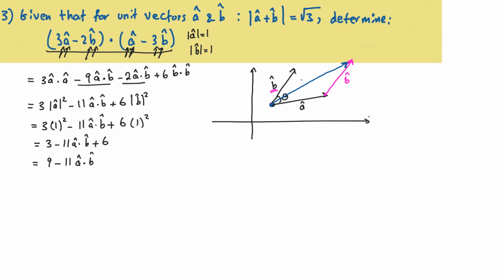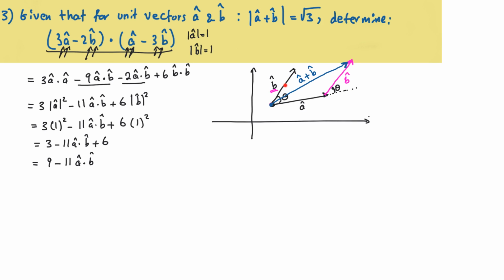And this is vector A plus B. And note that this angle over here is this angle over here. So if I were to expand this a little bit, this angle over here would be theta.